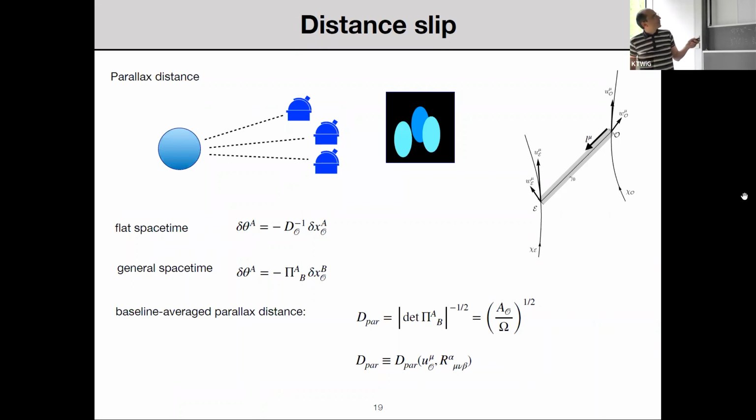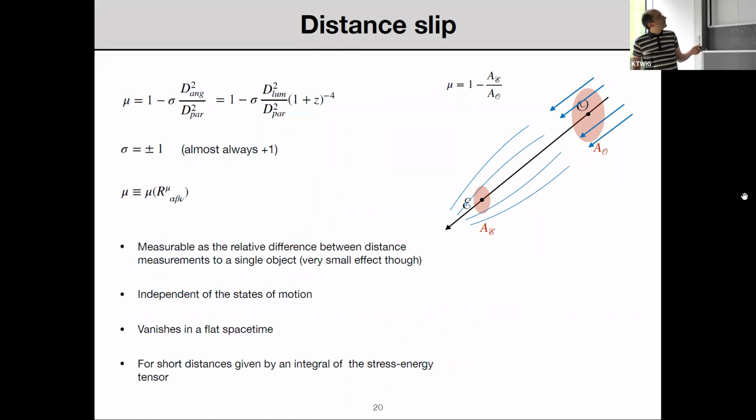But you can also think about measuring this distance by parallax. And in a flat spacetime, this is simple. Basically, the parallax angle is inversely proportional to the distance. In a general spacetime, you've got a linear map here, but you can define a baseline average quantity by taking the determinant. And the funny thing is that mu can also be calculated as the difference between the 2 distance measures.